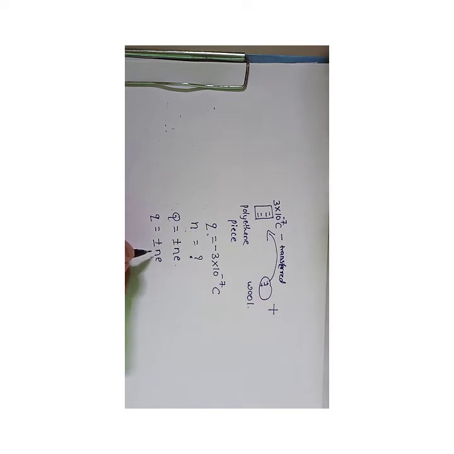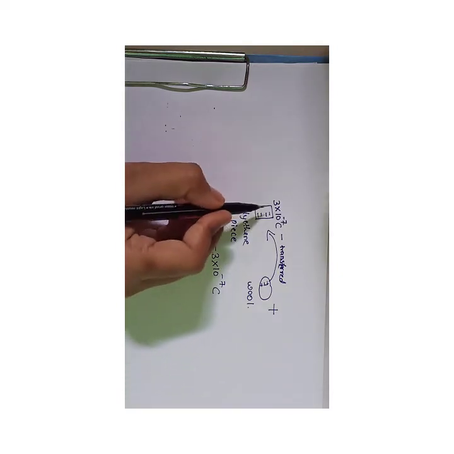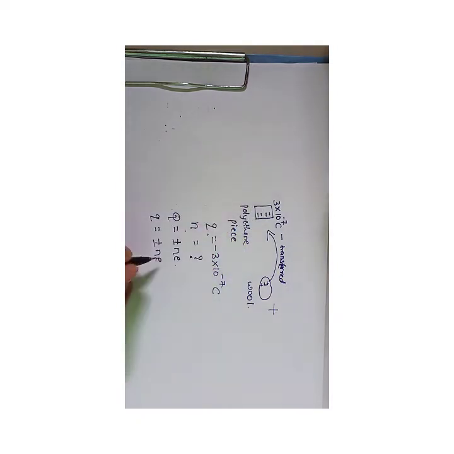And what is e here? It is the basic charge. The value is e equals 1.6 into 10 raised to minus 19 coulomb. Since it is a negative charge, here e must be taken as minus 1.6 into 10 raised to minus 19 coulomb. Now can we substitute in this and find n?